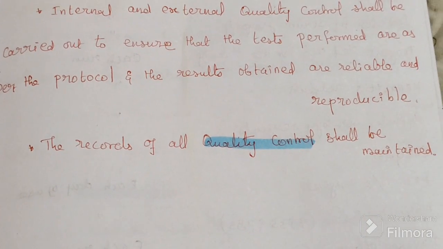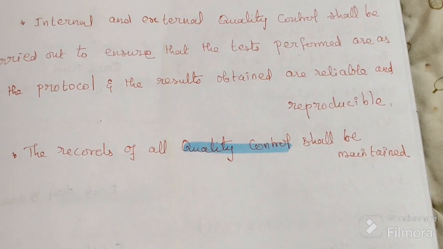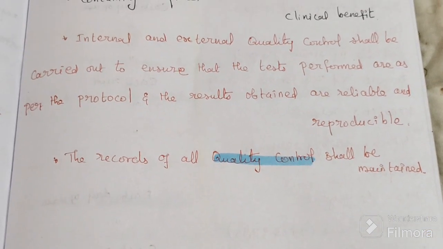The process is documented. The records of all quality control should be maintained. That means the process is documented.